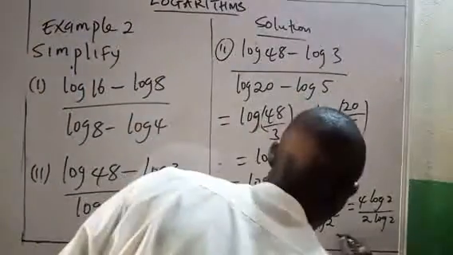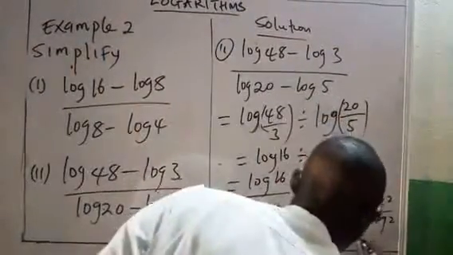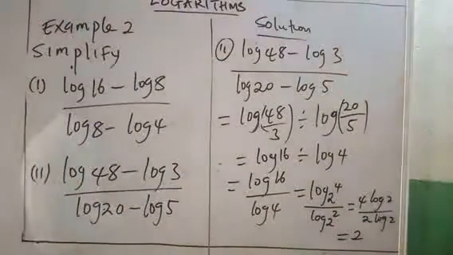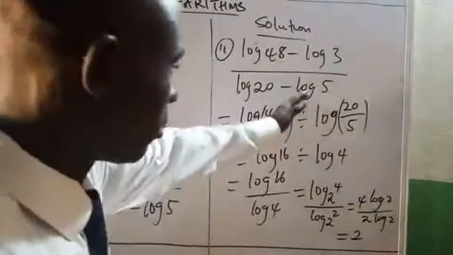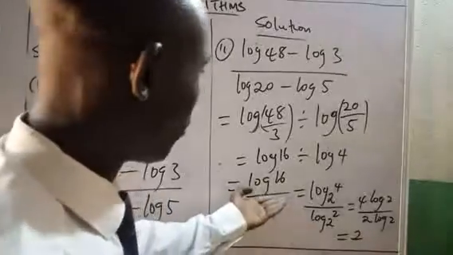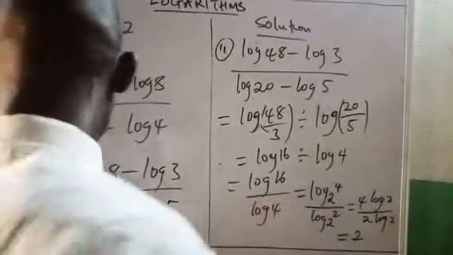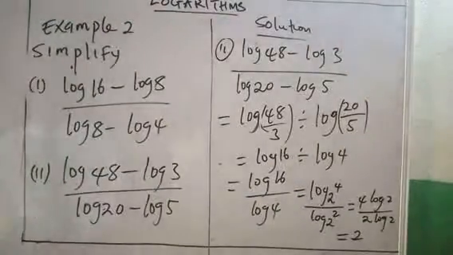So if you cancel out, your final answer will be equal to what? Equal to 2. I hope you get what I did here very clearly.